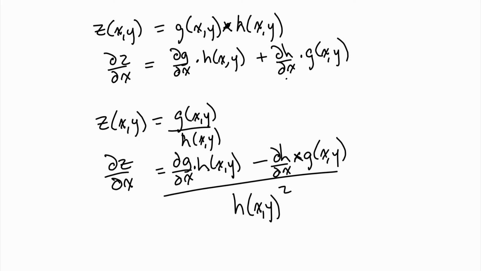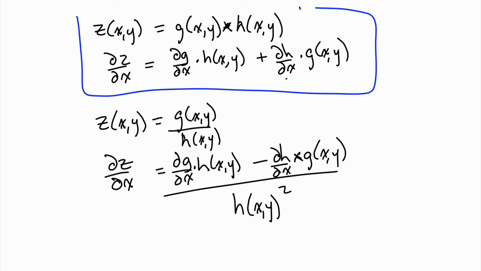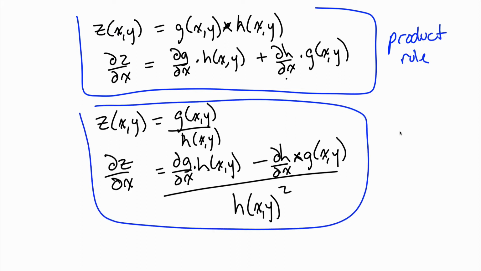Just like the quotient rule for single variables, just with funny shaped d's. So that's the product rule, and that's the quotient rule. All of the rules work.